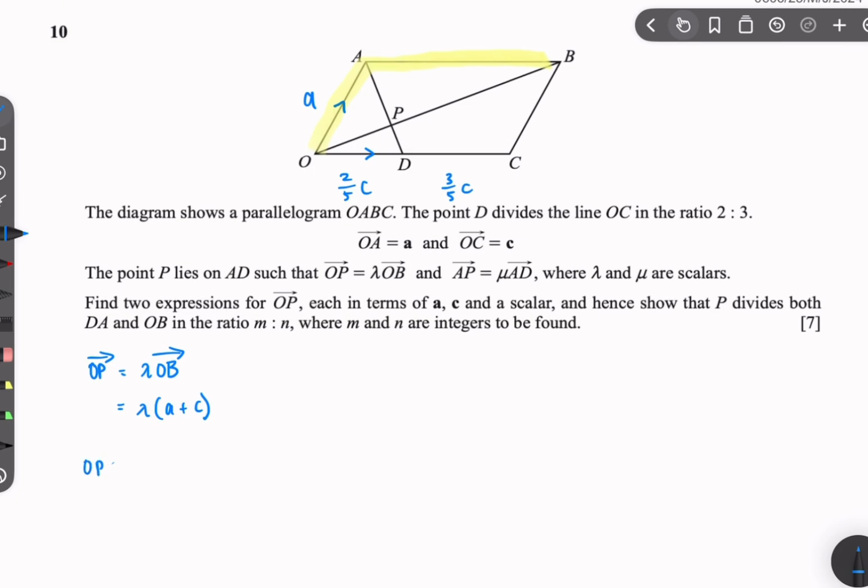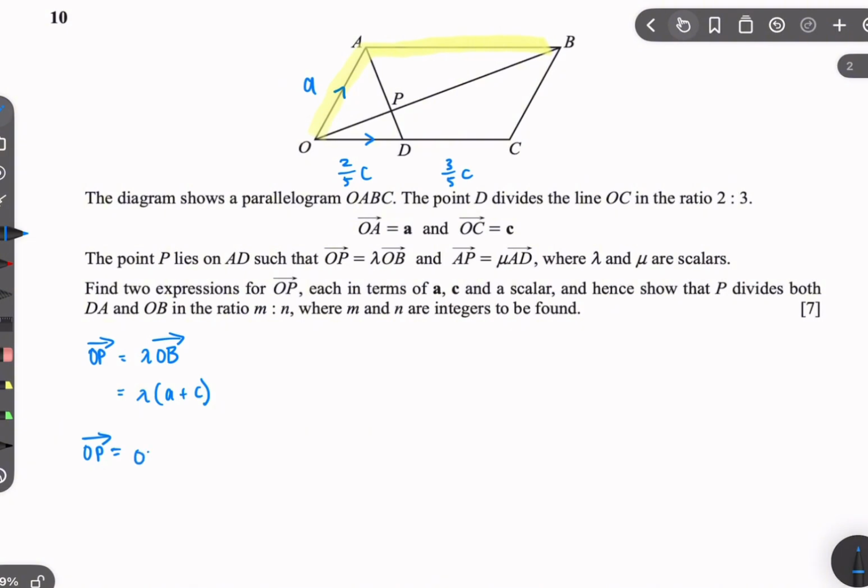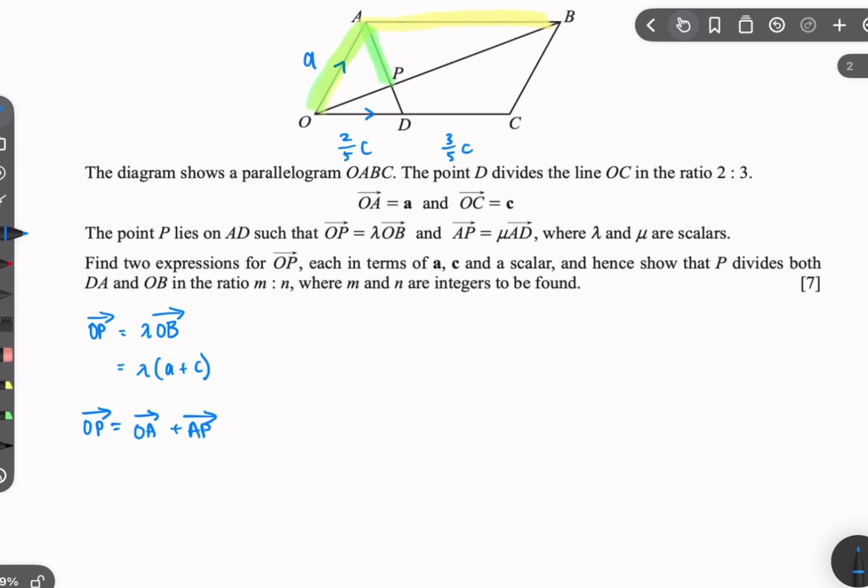The second equation we can form is OA plus AP. So this one will be going this direction. And we know that OA is equal to A, and AP we know is equal to a scale factor of AD.